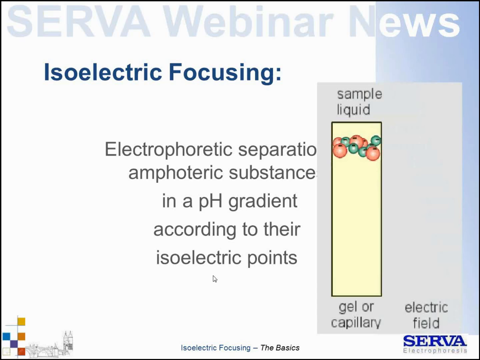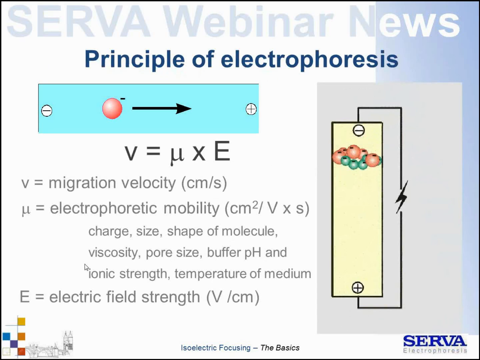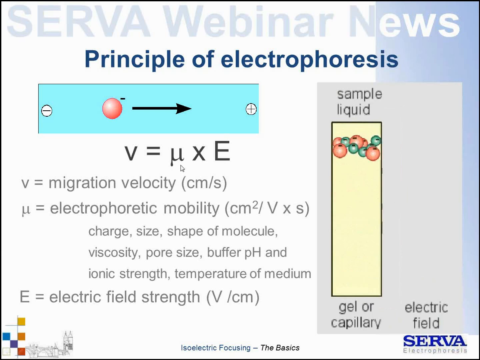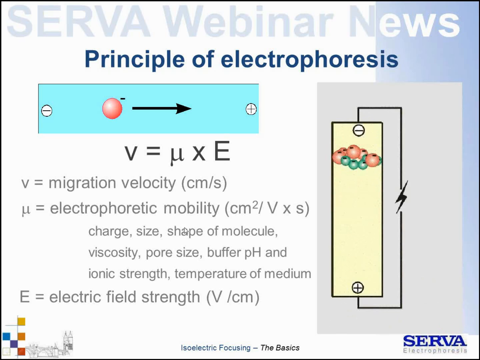So the principle of electrophoresis in general is very simple to understand. A charged molecule, a charged particle, is moving in an electric field. So if it is negatively charged, it will be attracted by the anode and move towards the anode. You can do this in a gel matrix or in a liquid phase. And as the mobilities of the different molecules are different, depending on the size, on the charges and other properties, you will get the separation, because the speed of the molecule in the electric field is different depending on the electrophoretic mobility.